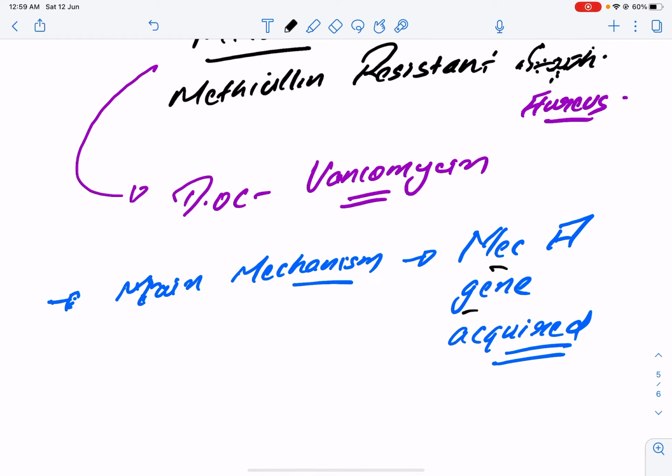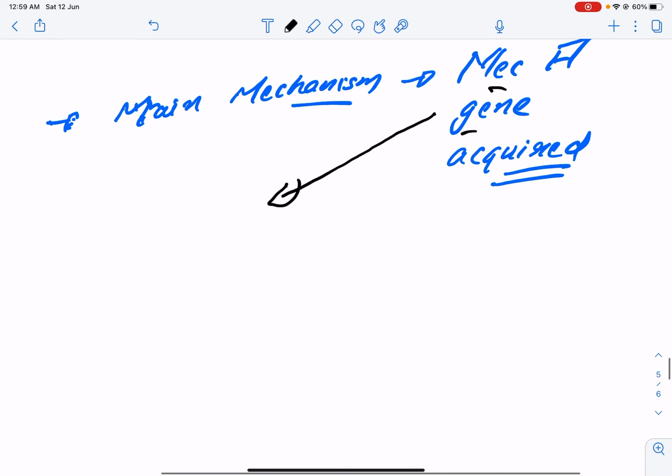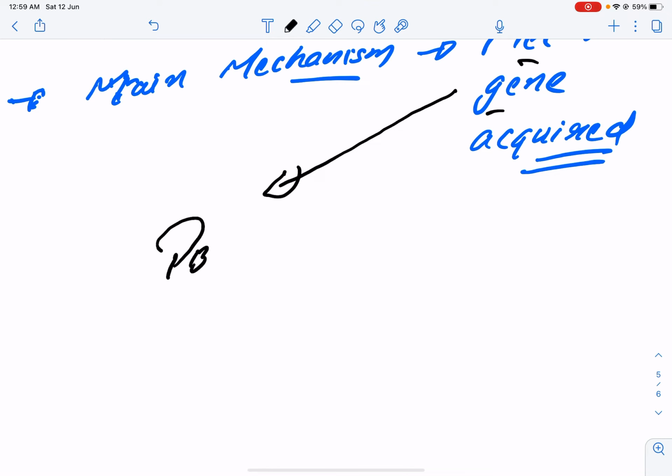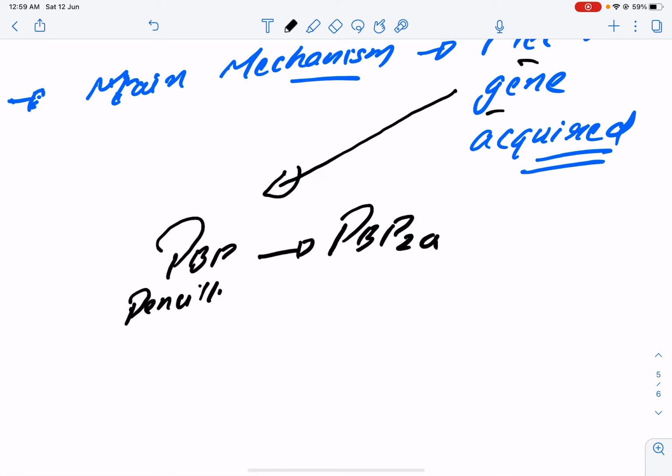What is the MEC-A gene actually doing? It converts the penicillin binding protein to penicillin binding protein 2A.